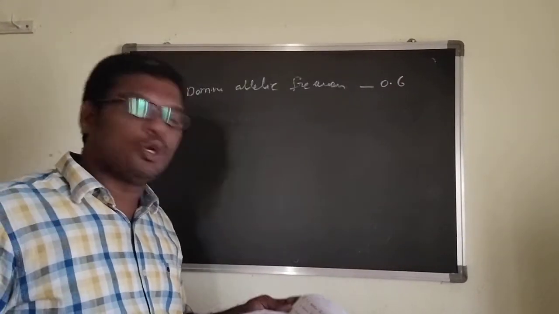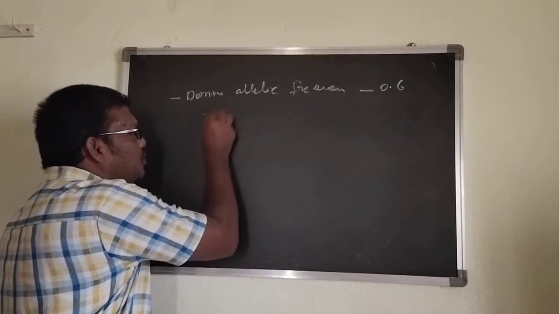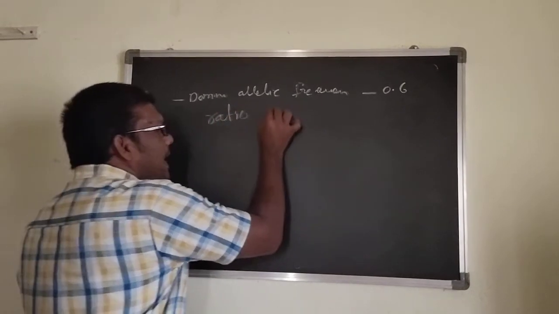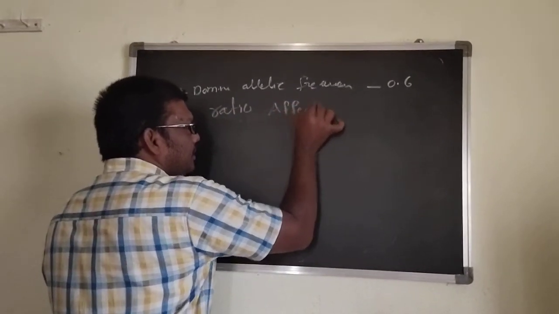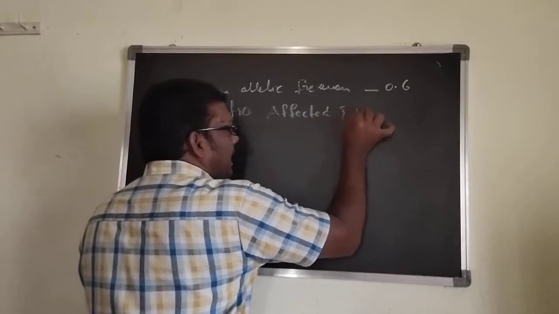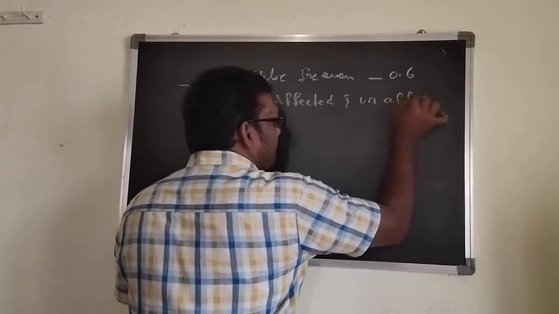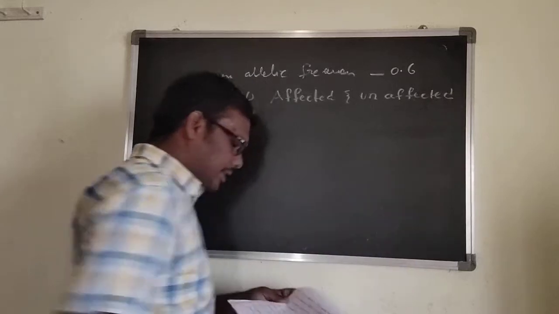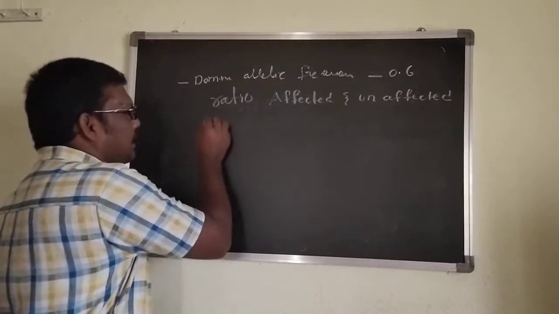What is the ratio of affected and unaffected individuals?